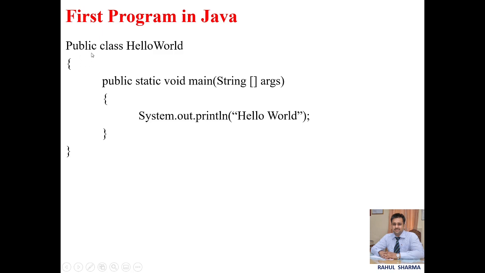After public we have written the class keyword, and after that the class name. Here we have to notice one thing: when we write the class name, we write HelloWorld, in which the first letter is capital. It's not a rule, but Java programmers use this style.